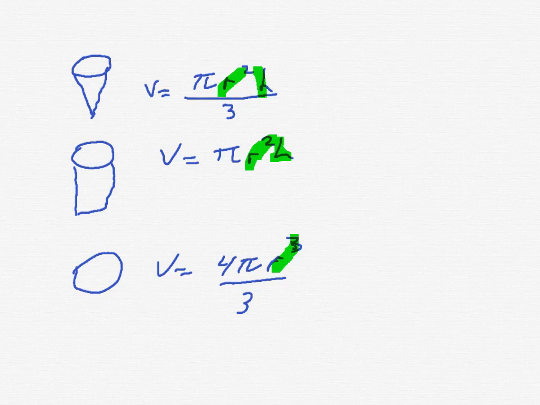A rectangular prism is also 3 dimensions. So you have basically a box. So a length times a width times a height. So 3 dimensions. 1 unit cubed.